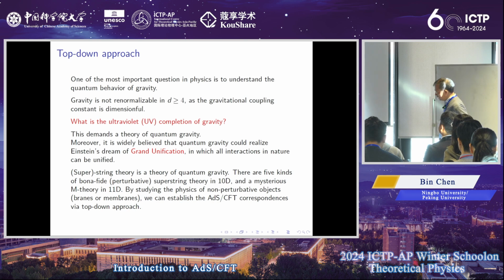This was found in the 1980s, and then people realized that due to various kinds of dualities, these five kinds of superstring theory are closely related to each other. You can take them as different colors of a unified M theory in 11 dimensions.